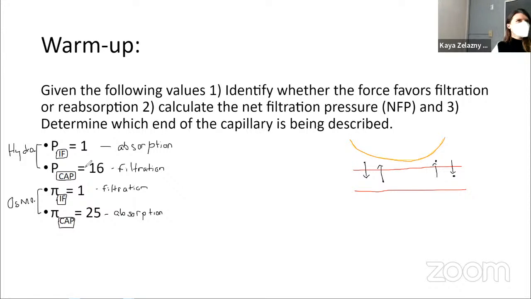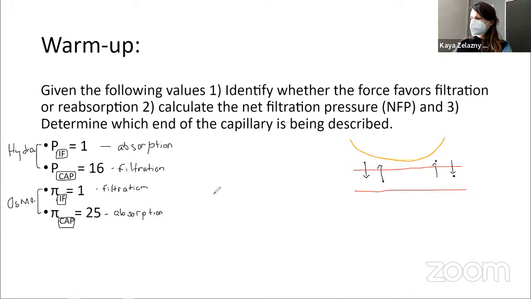So we're trying to figure out overall, given these forces, when we add them all up, is the fluid coming out of the capillary or is it going into the capillary? We care about that because if it's going out of the capillary, it may be causing swelling in the tissue. If it's coming into the capillary, it may be raising blood pressure. Depending on the situation, this may have effects on the physiology.